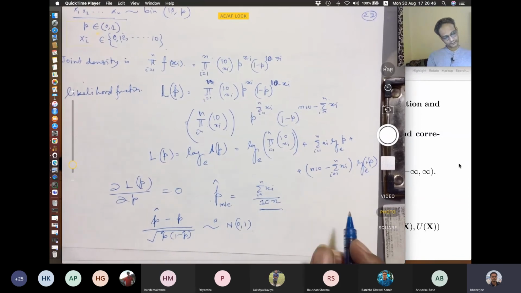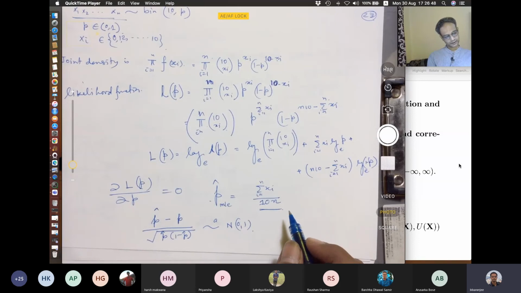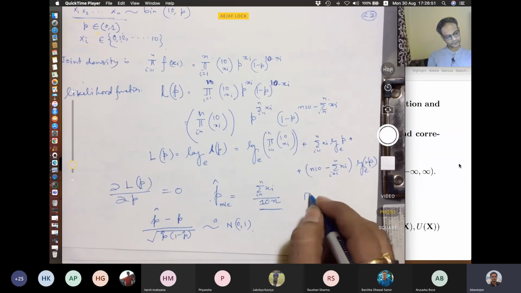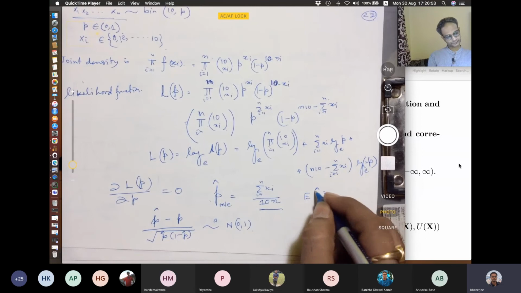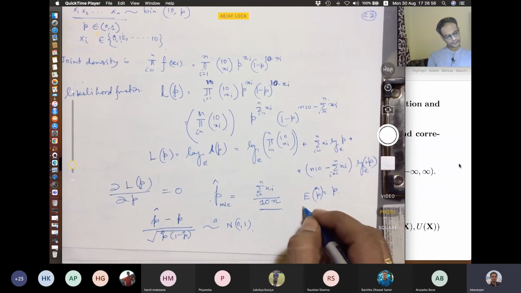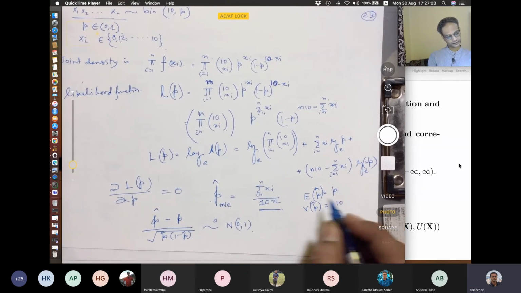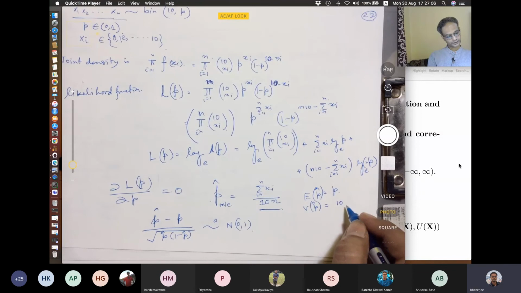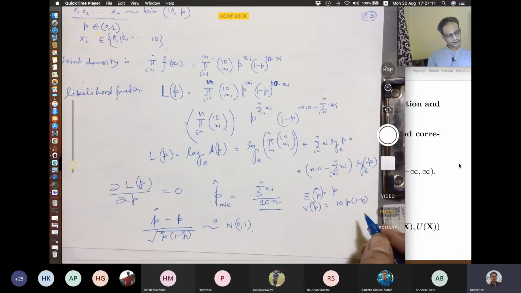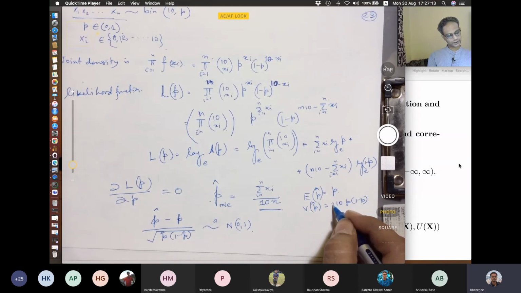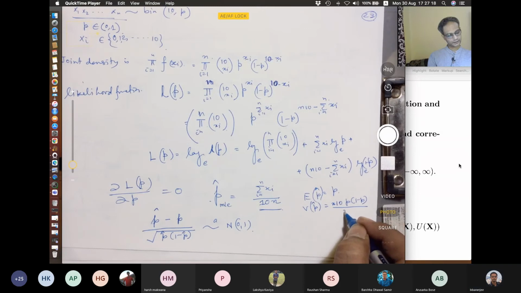And if you go for the variance, let me just check: the expectation of p hat is p trivially, and the variance of p hat is, for each of them, 10 p into 1 minus p, times n, divided by n 10 square.